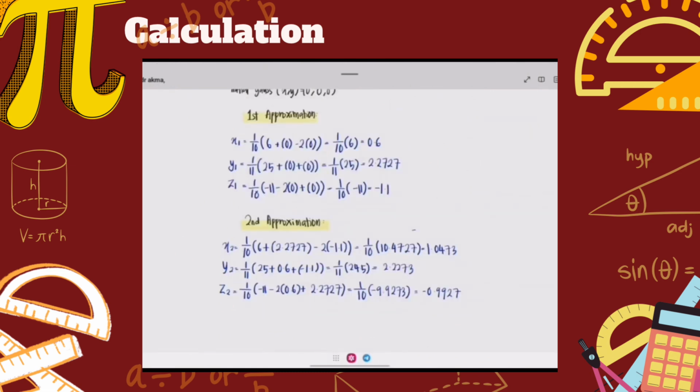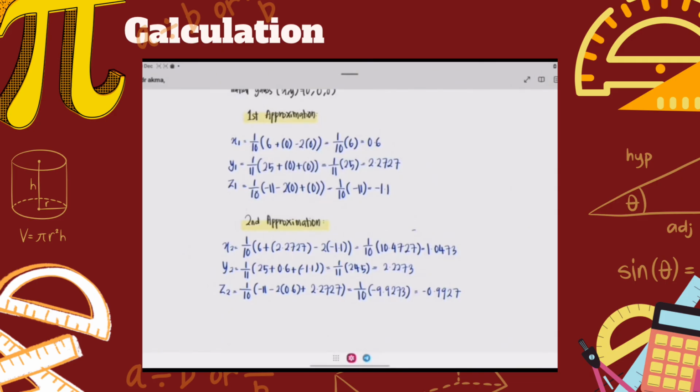This is our first iteration, and I will substitute the values 0 here and there, and we will get 0.6 for x. For y, we will get 2.2727, and for z, we will get negative 1.1.